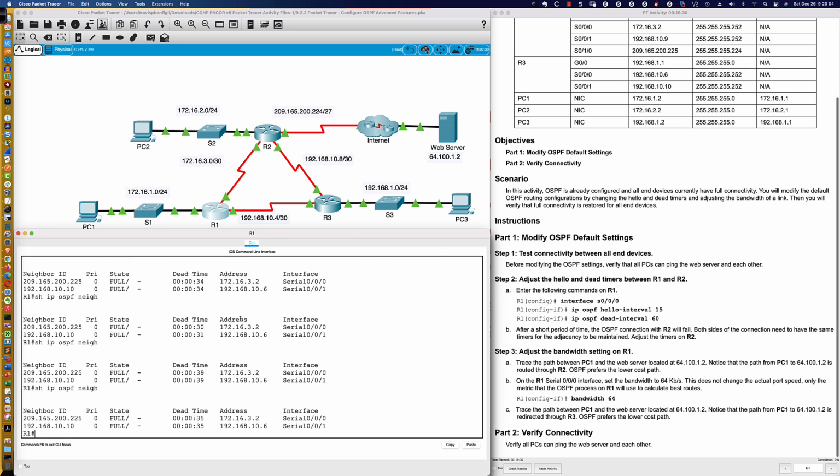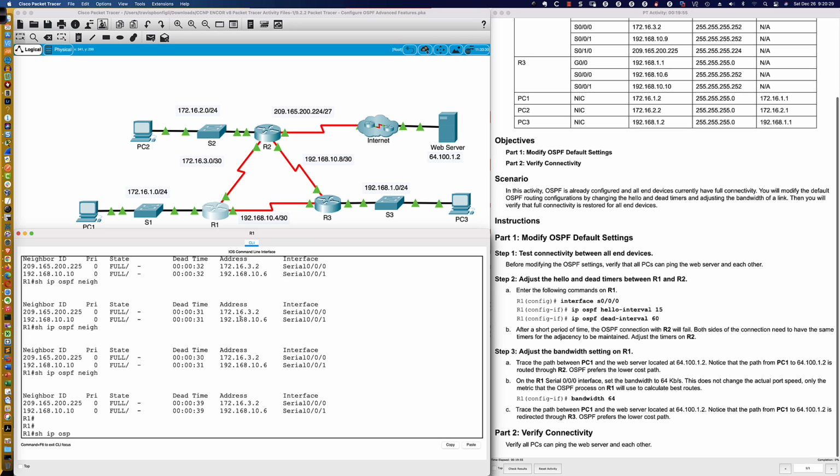I have never seen the dead timer at 40, which is the default on broadcast and point-to-point networks. Now, if it goes down to right around 30 and then pops back up to 39, which again, it's really going to 40, but then we come down to 39 immediately. So it's 10 seconds. So you might be able to work it out like that.